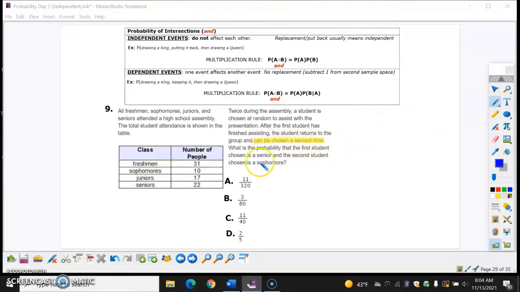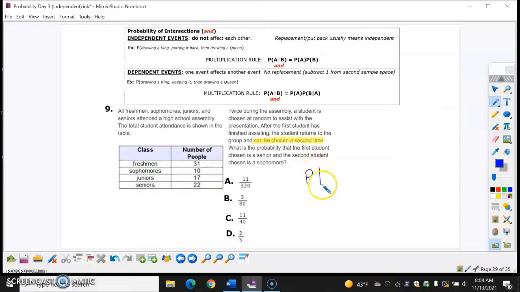What's the probability that the first student is a senior and the second is a sophomore? See if you can figure out whether that's independent or not, and then see if you can find the probability. If that student returns to the group, then they are replaced. So that means these are independent.